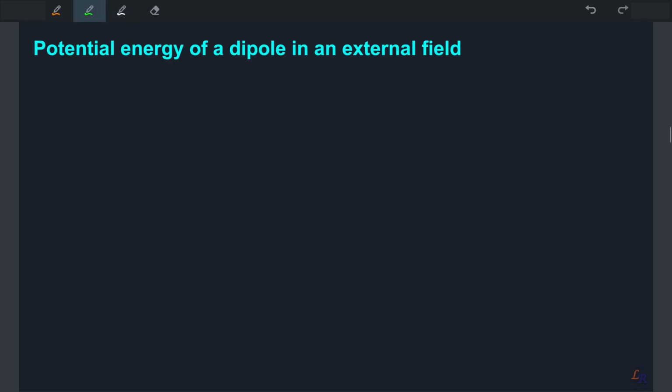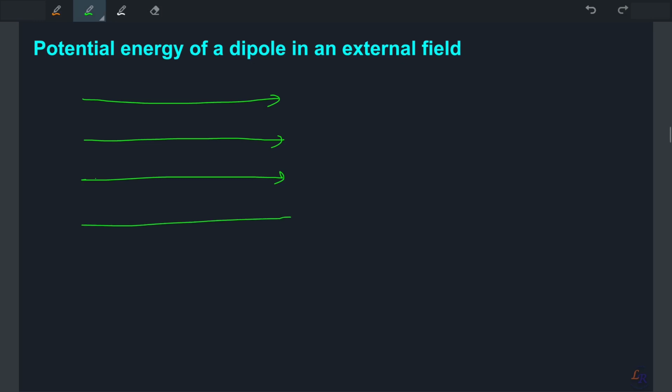Okay, so let's assume that this is your uniform electric field. Now let's say this is your charge minus Q, and here your other charge plus Q, and as we represent it, it would be represented by the dipole moment P, and let's say this is the angle theta with the electric field, and this is the electric field direction, of course.